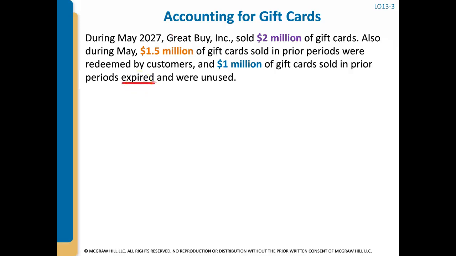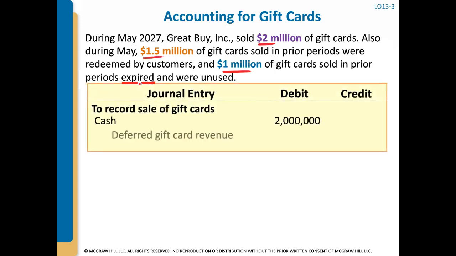In this example, the gift cards were actually expired, but if the gift cards were not expired, but the company, based on the history of the redemption of gift cards that they know about, thinks that $1 million of gift cards reach that breakage point, they can also recognize the revenue at that point. But let's go through, there's three things. There's a 2 million, 1.5, and 1 million. Let's go through each of these journal entries.